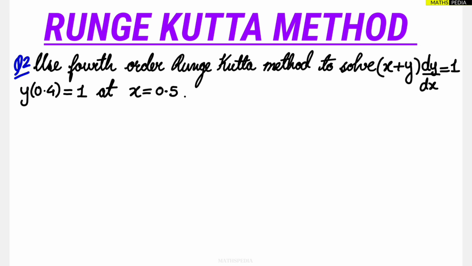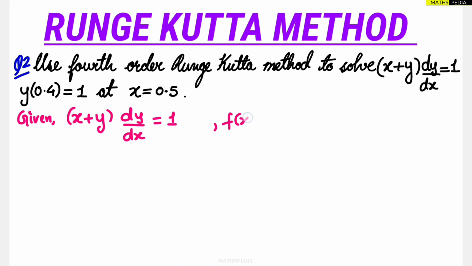So what all things are given, let us just write it. Now as we know, x plus y into dy by dx is equal to 1, right? Now as we have studied, a function of x comma y is always in the form of dy by dx.